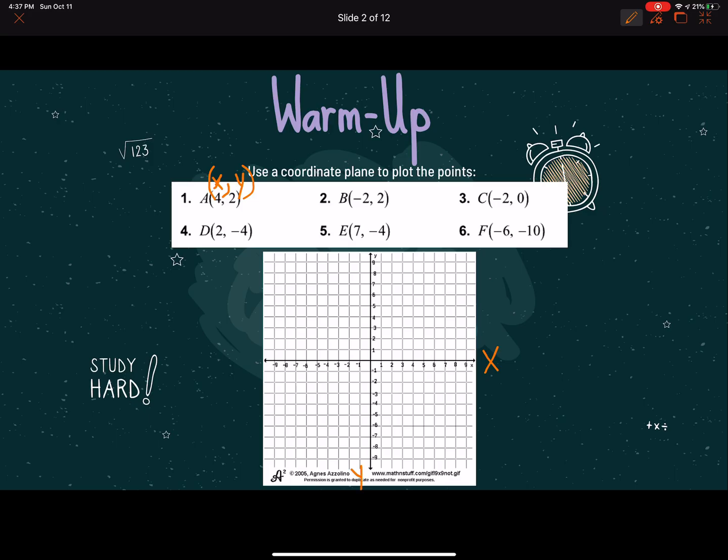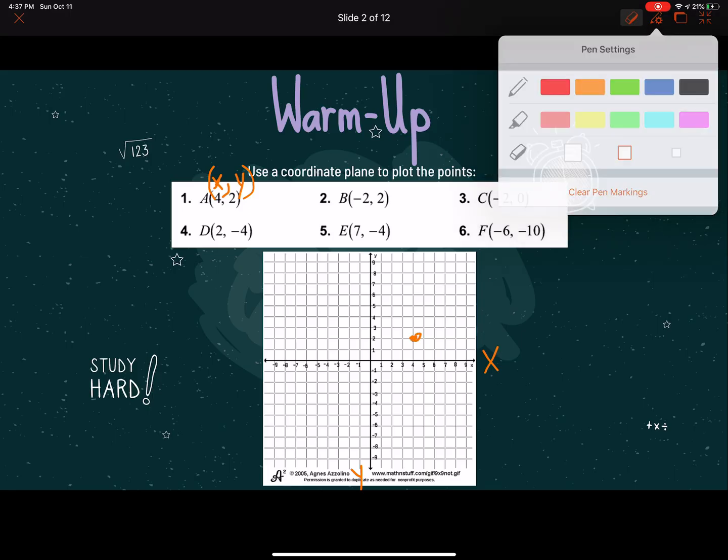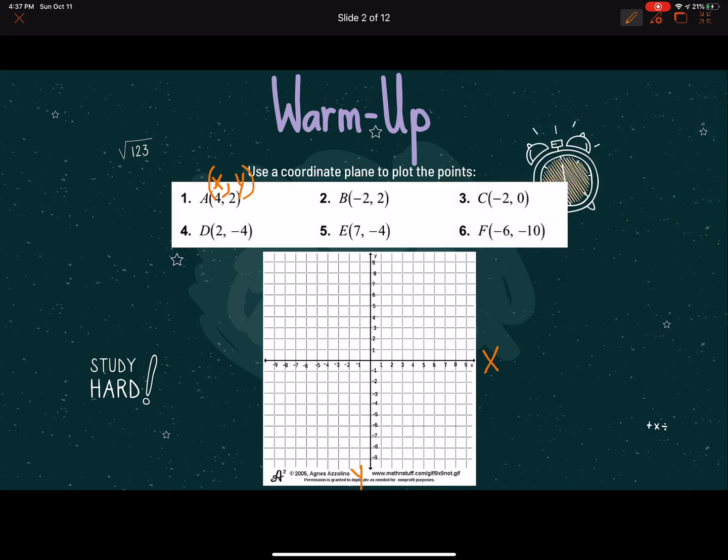So we're going to go over 4, up 2 units. So we will plot point A, whoops, let me erase that, over 4, up 2, and that is point A.